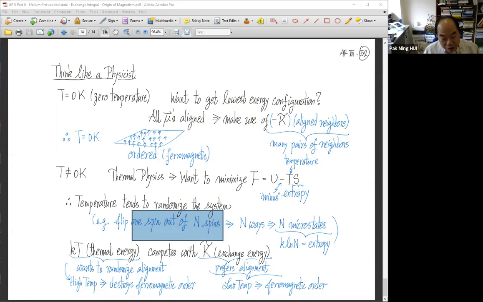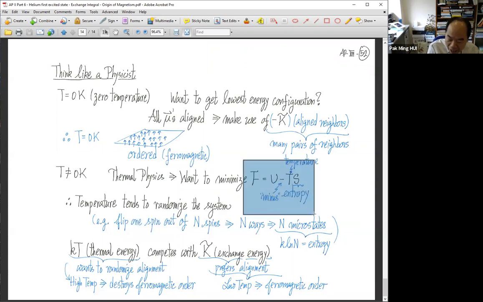Now you can imagine, if not flipping one, but how about two spins? Then you have to count, right? C(N,2), then you have this kind of number. And then you have k log W, and then you have to play with F to minimize F. So therefore, it is easy to think about that as temperature increases, the original zero temperature configuration will be randomized.